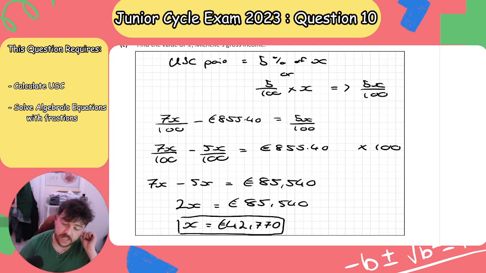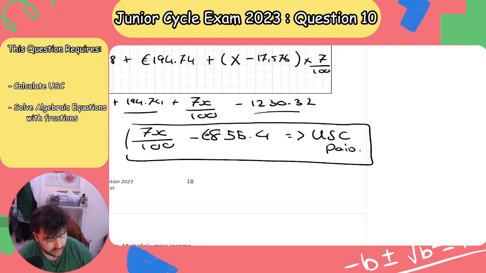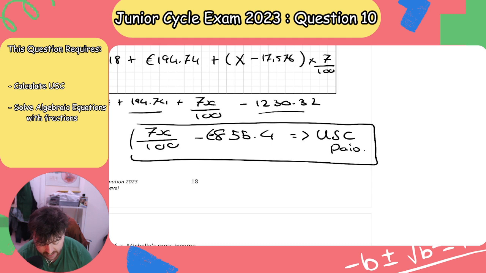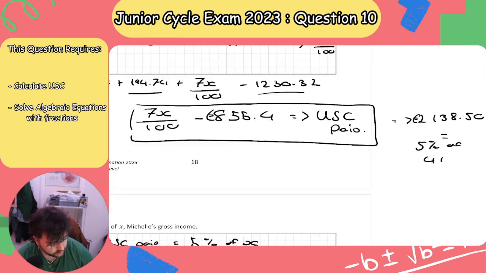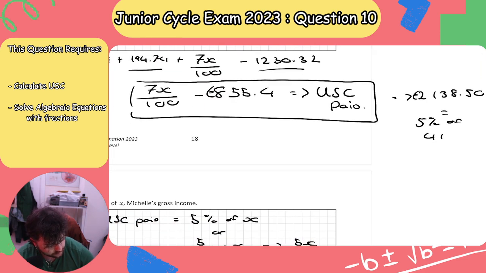So this is the correct answer, and it works out when you sub back into your formula. You'll find when you sub this in, she has paid 2,138.5 euro in tax, which is equal to 5% of 42,770.